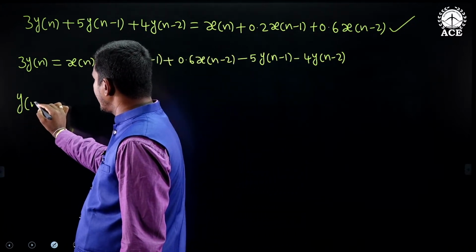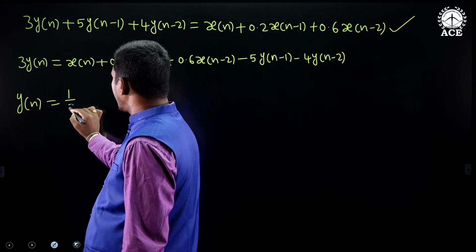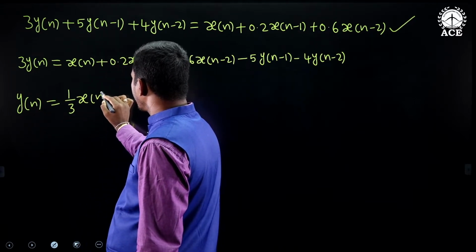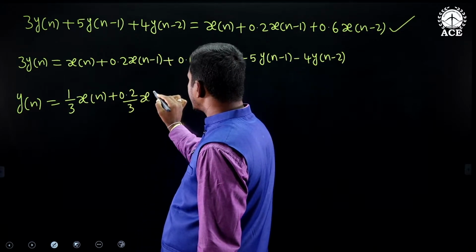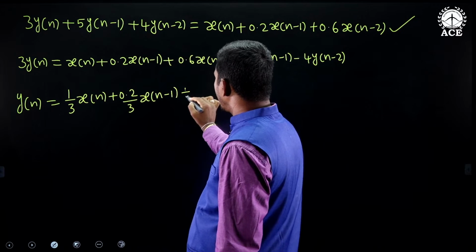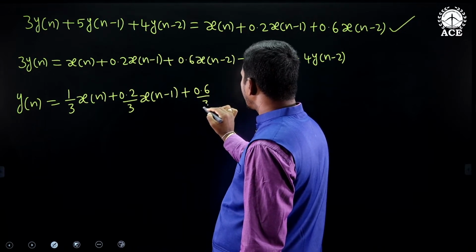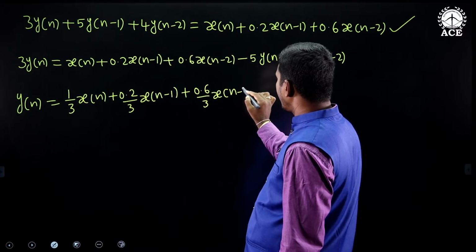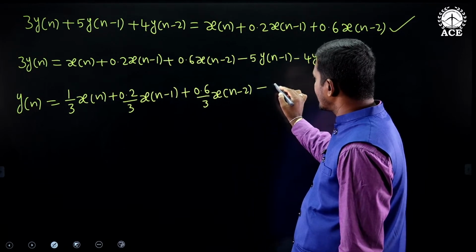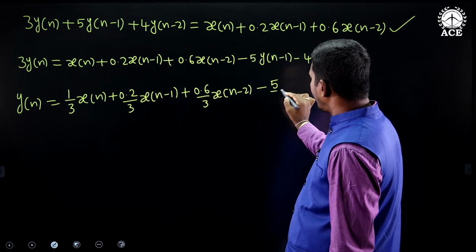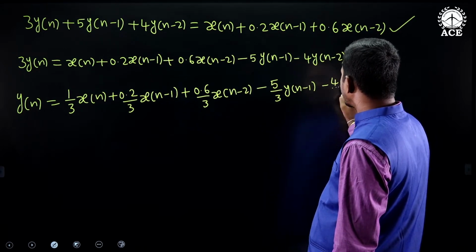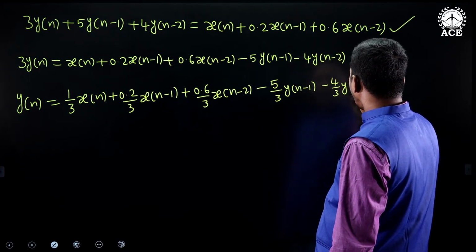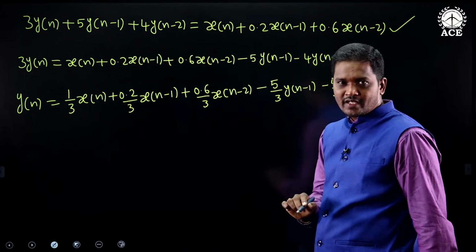So y of n equals 1 by 3 x of n plus 0.2 by 3 x of n minus 1 plus 0.6 by 3 x of n minus 2 minus 5 by 3 y of n minus 1 minus 4 by 3 y of n minus 2. Understood?